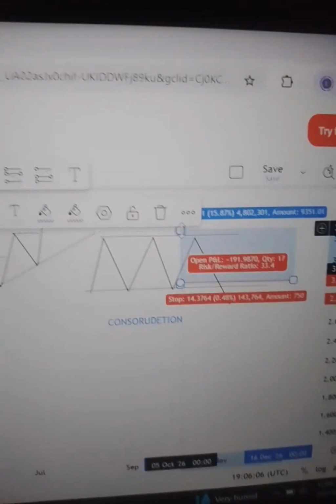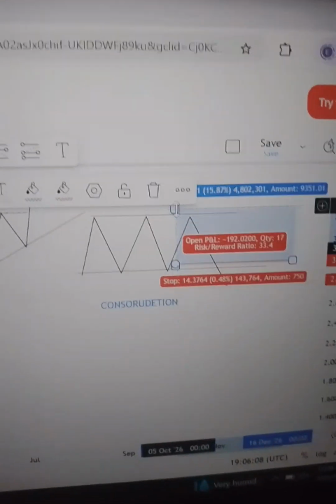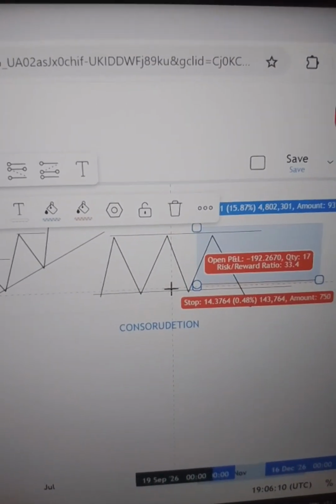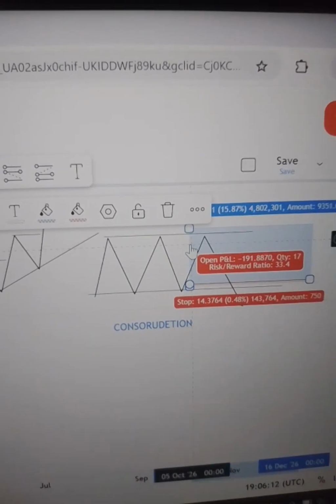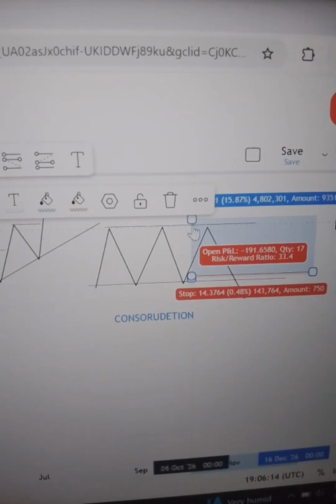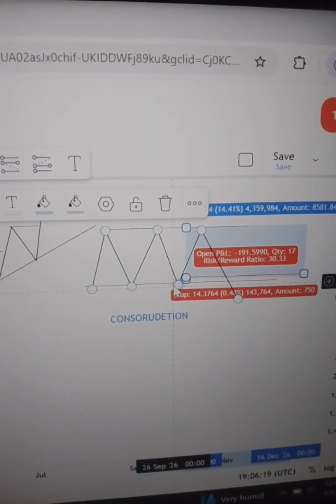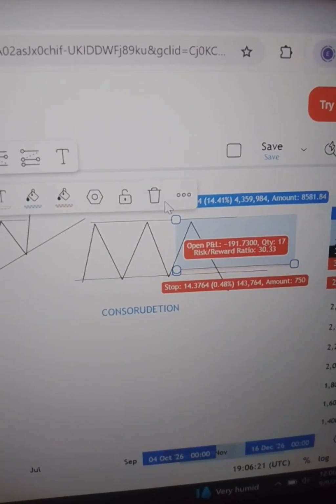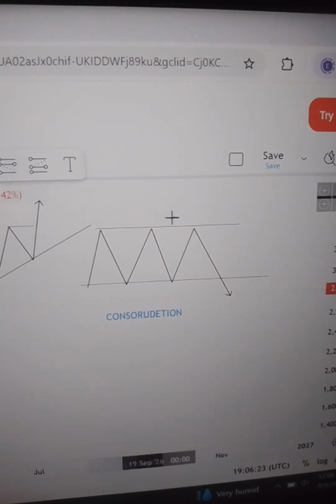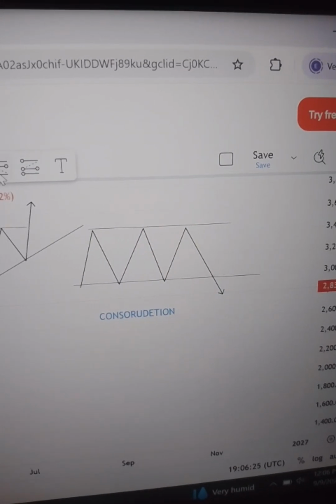They see here is a strong support zone and here is a strong resistance zone. They will not go above it, they will just hit it here, and still the market will just smash there, and some people will just go for downtrend.